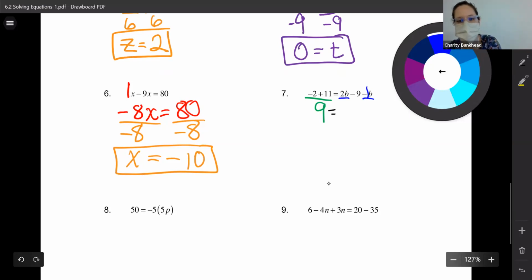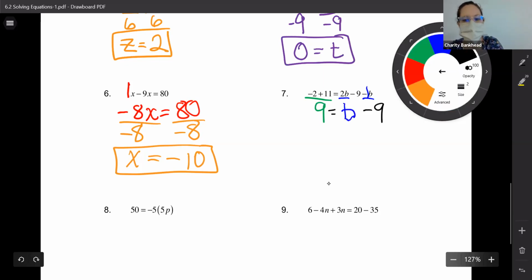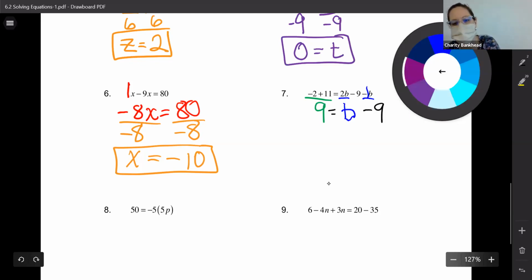So I have b minus 9. So I have 9 equals b minus 9. And I want to get b by itself. So next I'm going to add 9 to both sides because the opposite of minus 9 would be plus 9. And then 9 plus 9 equals 18. So 18 equals b.